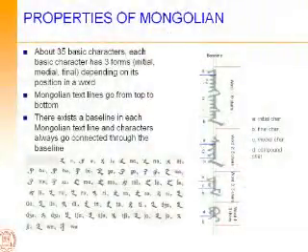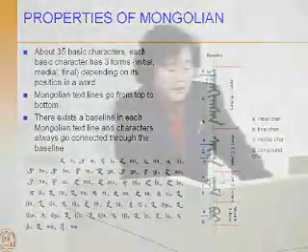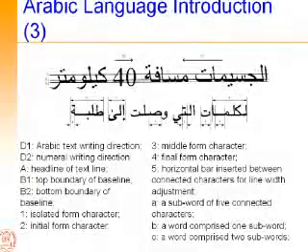So how to get isolated character segmentation is very difficult. And this is Mongolian. Mongolian is vertical, and also has vertical lines, but the boundary is not clear, the same also. So also difficult.